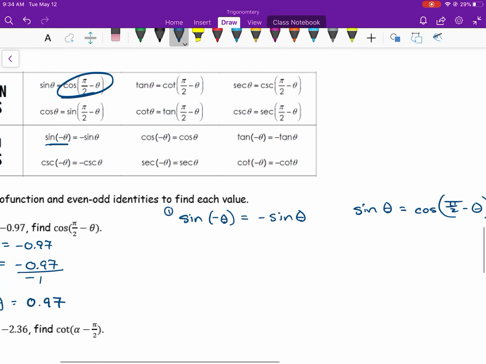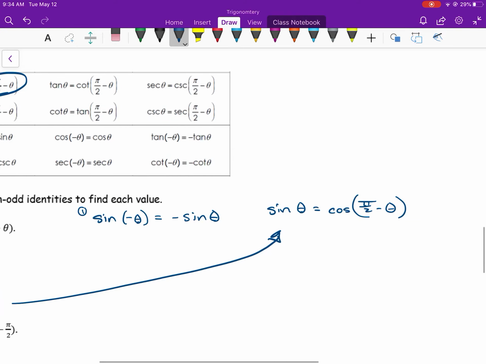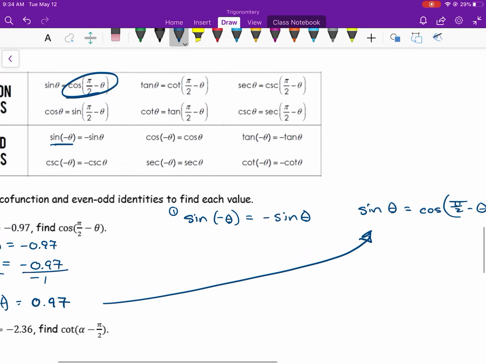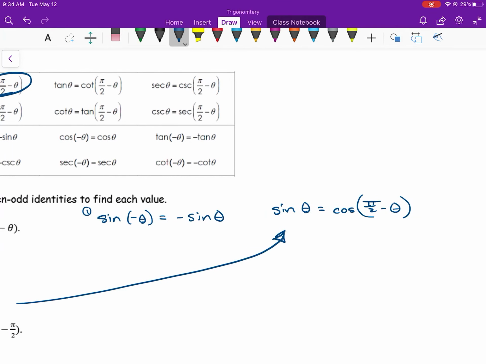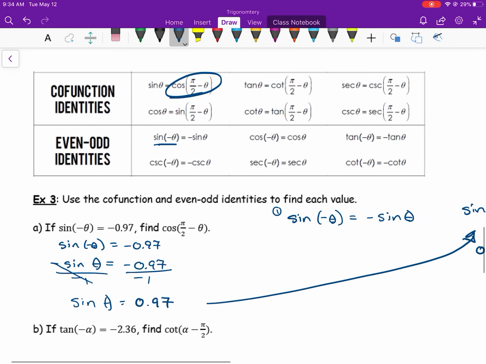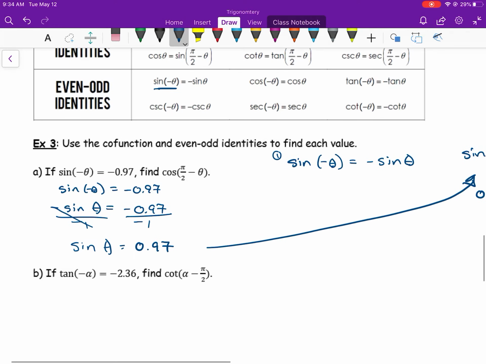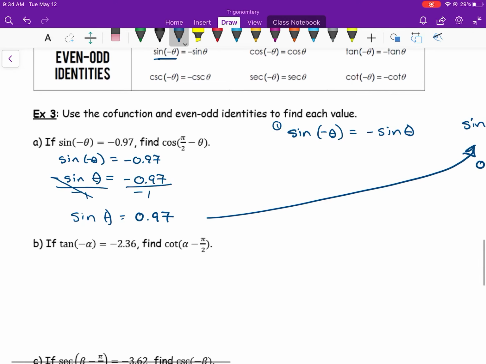And over here we know that sine of theta is equal to cosine of pi over 2 minus theta. So sine of theta is 0.97, which equals cosine of pi over 2 minus theta. Alright, so that's that one.